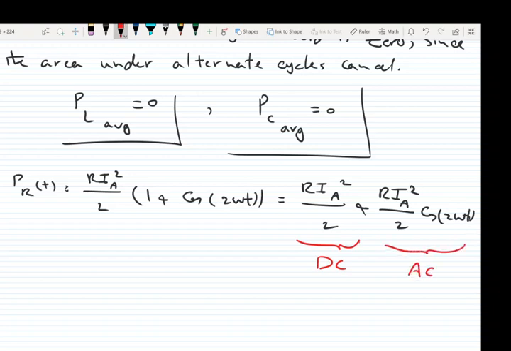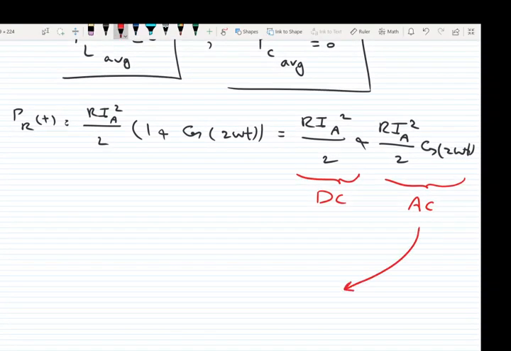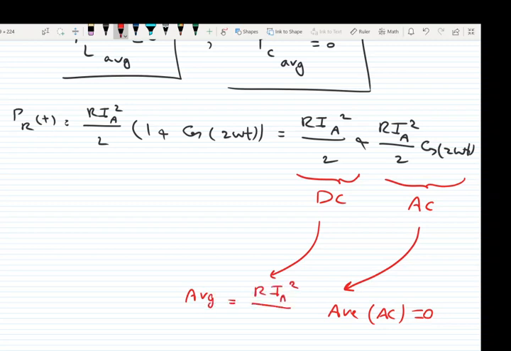Of course, the average for the AC component is 0 and the average for the DC component is the value R I_A squared over 2.